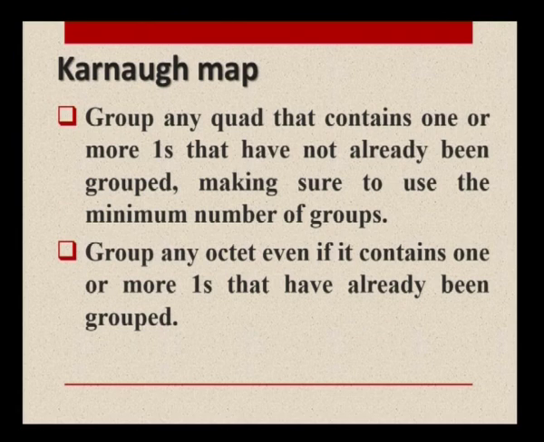Group any quad, here 4, that contains one or more ones that have not already been grouped, making sure to use the minimum number of groups. Group any octet, here octet is 8 such characters clubbed together, even if it contains one or more ones that have already been grouped.